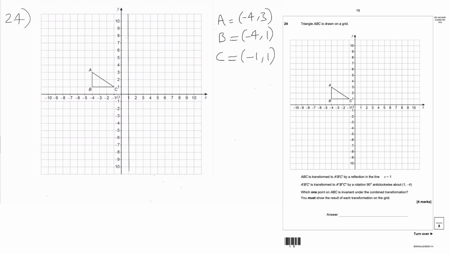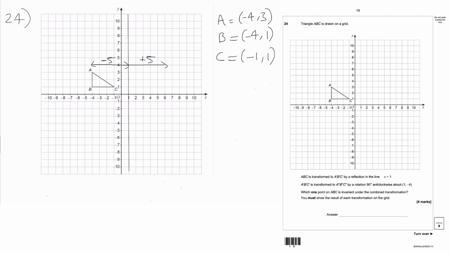So if we were to look at this point A, if we're going to reflect, what we need to know is, what is the change from the line to this A coordinate? Well, it's a change of -5.